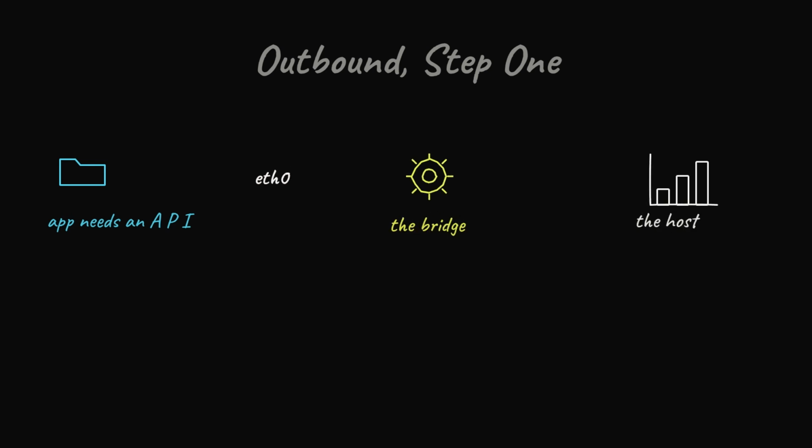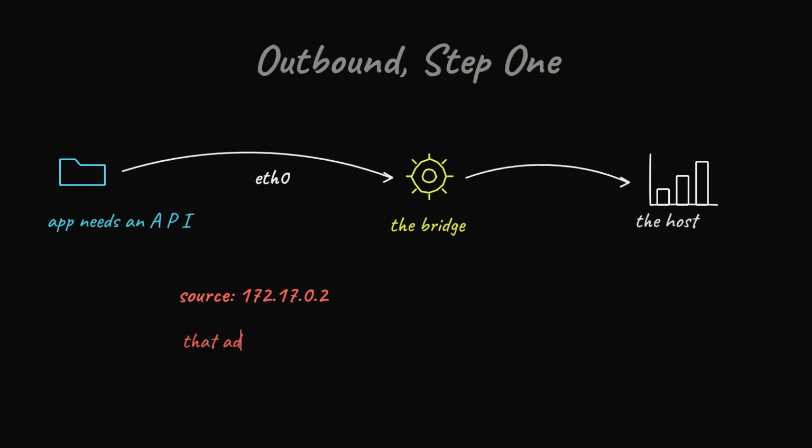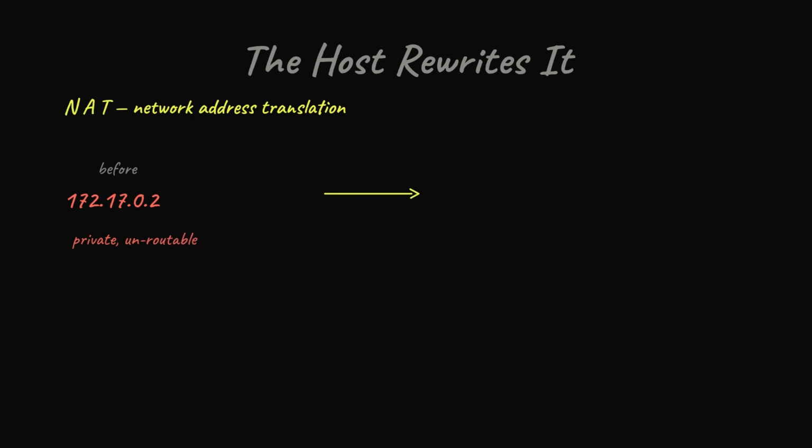But there's a problem. That packet still has 172.17.0.2 written as its source address, and that address means nothing outside your machine. No server on the internet knows how to send a reply back to a private Docker IP. So the host steps in and rewrites the source address before the packet leaves, swapping 172.17.0.2 for your machine's real address, 192.168.1.68.